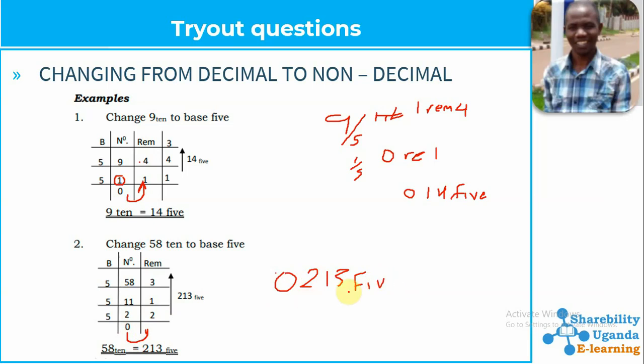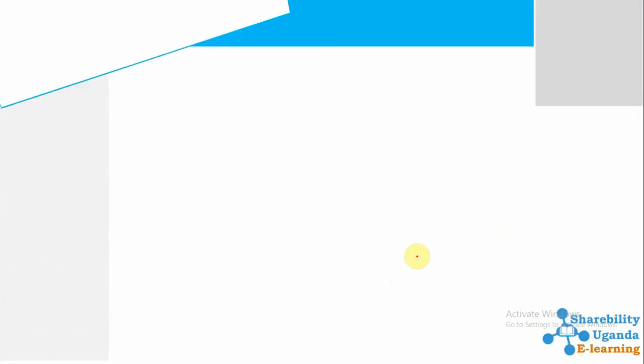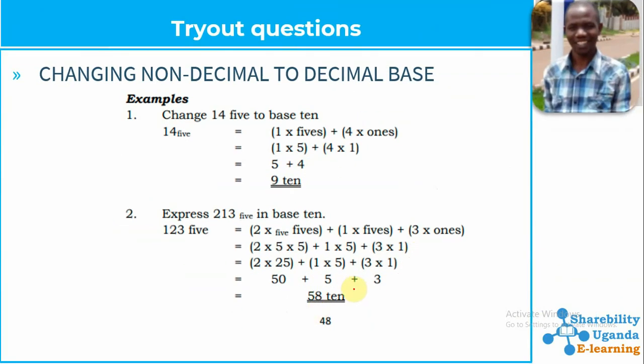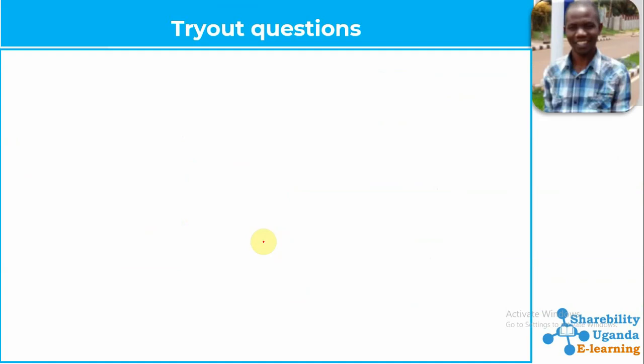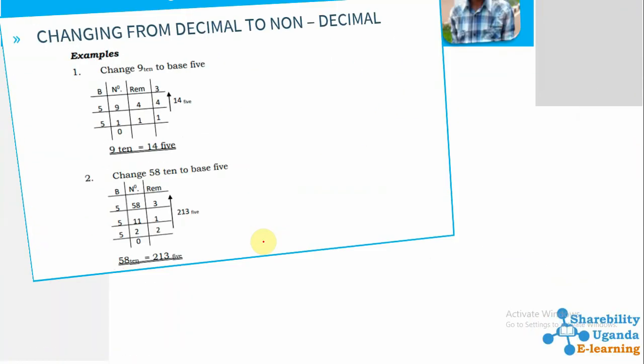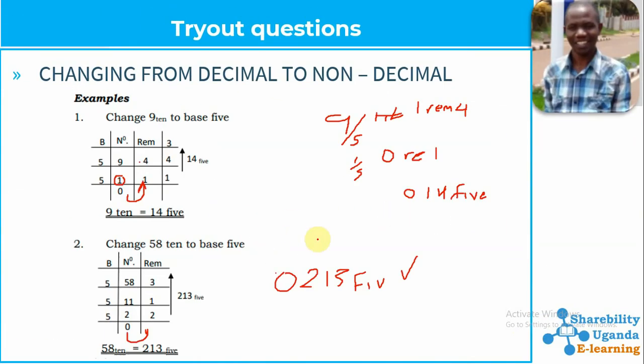So you can now use this method to get the answer, or you can still use the other method, because you can see this was changed to base 10 and it still gave us the same answer. That is how we can deal with these bases to come up with the correct answer.